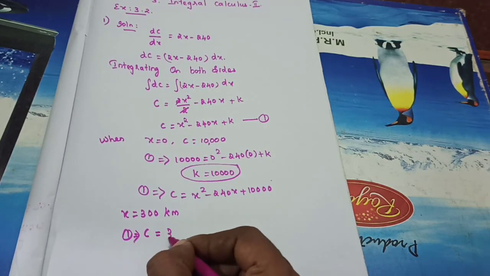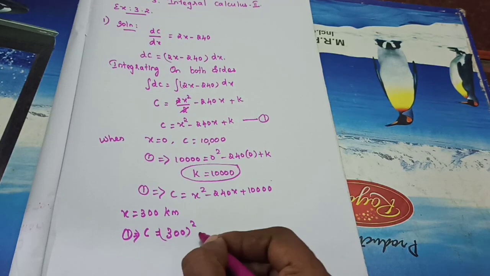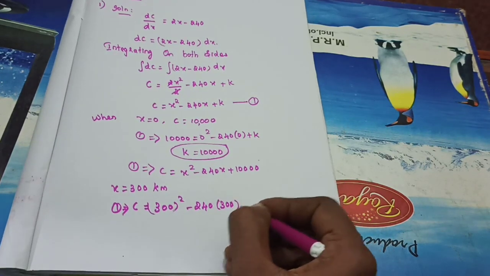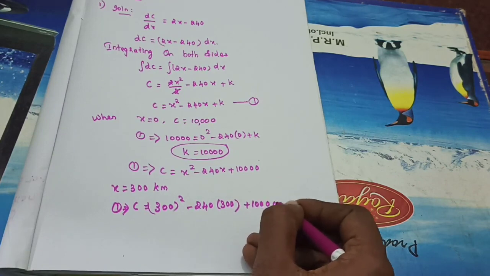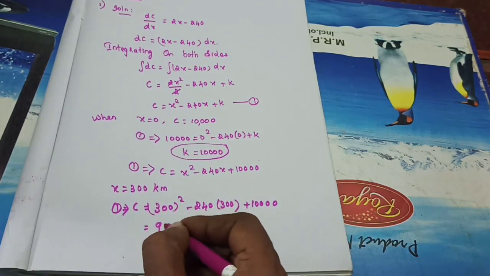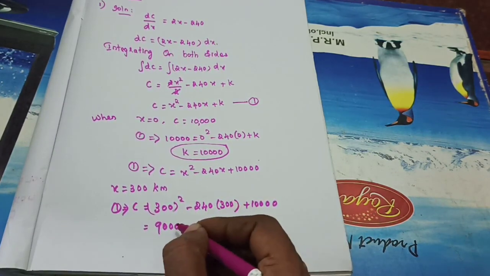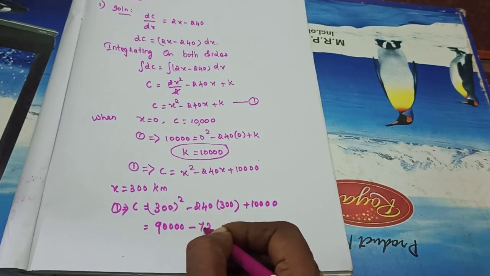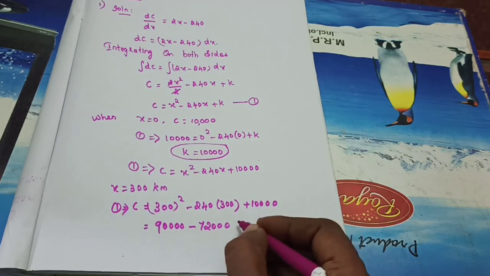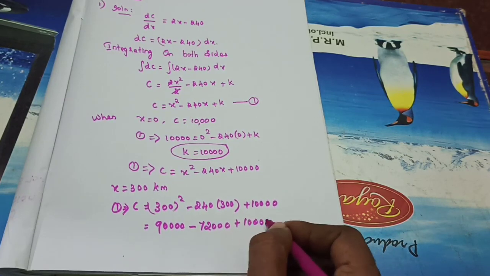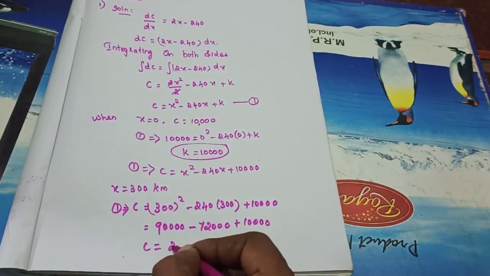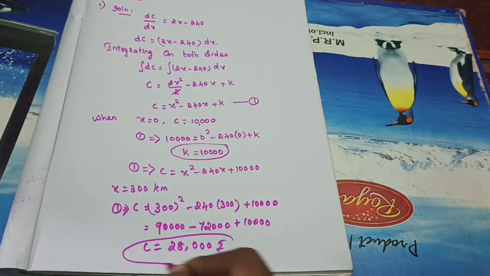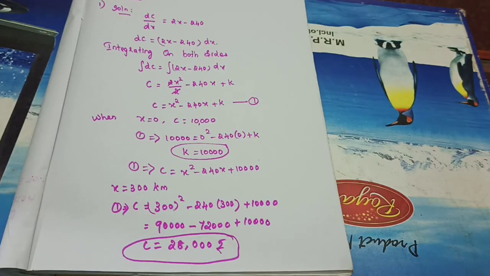Equation 1 implies 300 square minus 240 into 300 plus 10,000. You can use a calculator: 90,000 minus 72,000 plus 10,000. Add and subtract, C is equal to 28,000 rupees. This is the answer for this question. Understand, students?